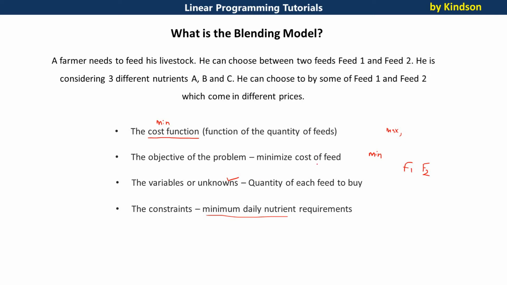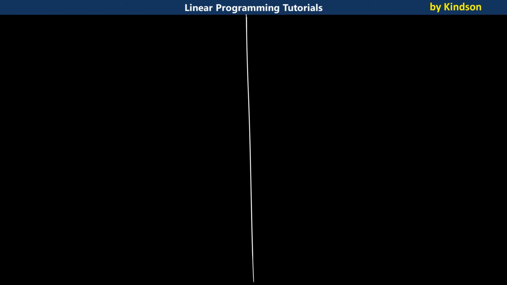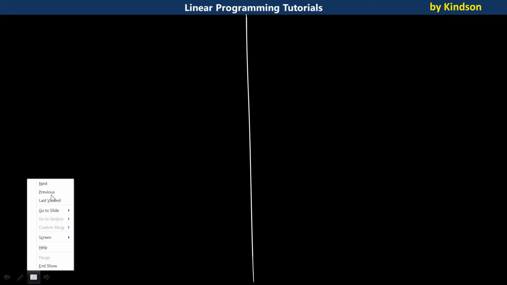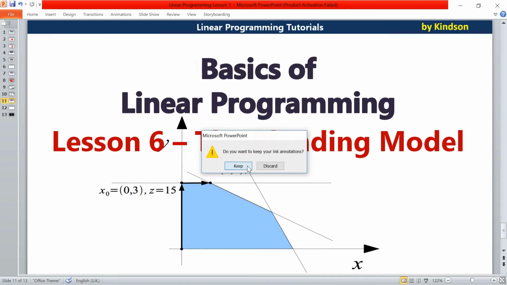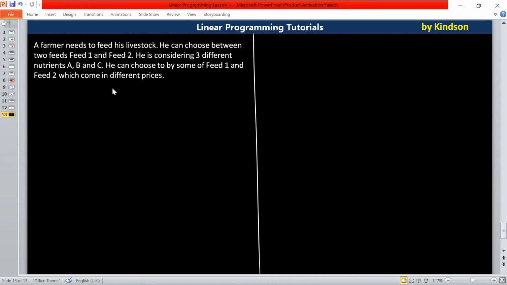So in this case, unlike the diet problem, we are going to set up this table ourselves, because in most linear programming problems, you are given word problems, so you are able to set up the table based on the information provided in the write-up. So let's set up the table now. This is a blank one. Permit me to end this presentation so that we can do it from here.